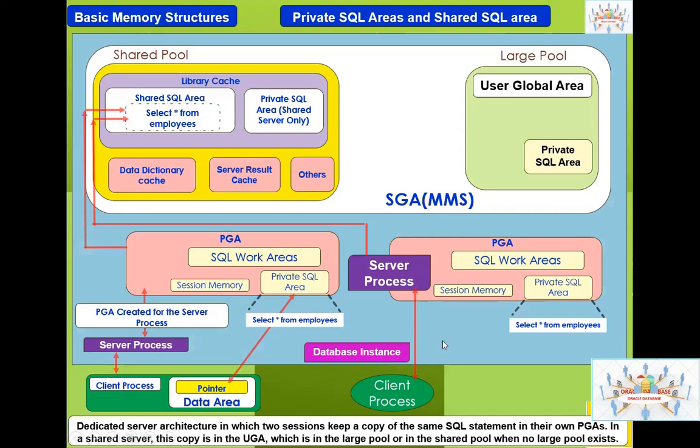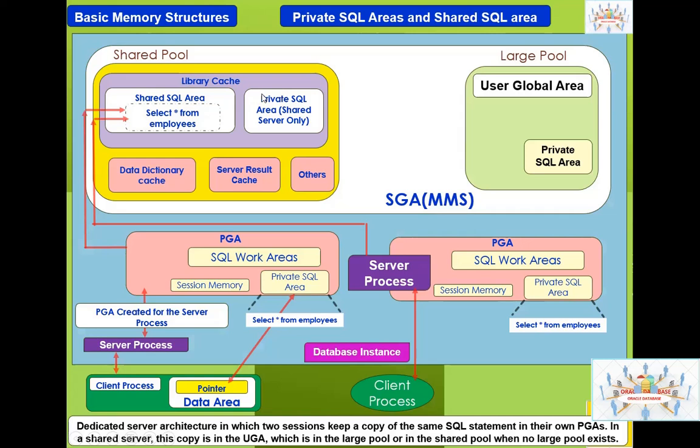But in a shared server environment, the copy is in the UGA, which is in the large pool, or in the shared pool when no large pool exists. That's why in a shared environment you cannot maintain this, because the UGA component is not in the PGA. In a shared server, the UGA is always either in the shared pool or the large pool. That's another viewpoint for this particular picture.